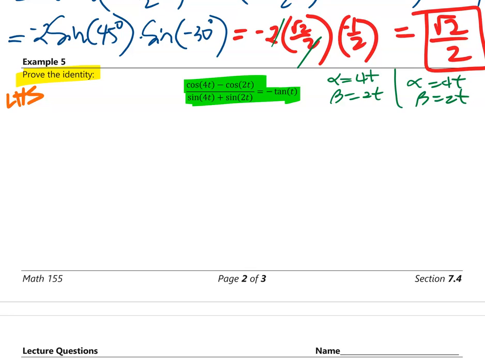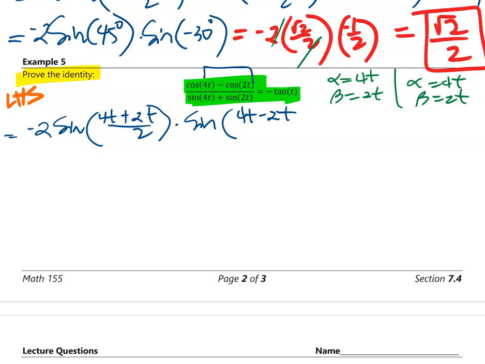So let's use the first one, cosine 4t minus cosine 2t. So remember, this is equal to negative 2 sine 4t plus 2t over 2 times sine 4t minus 2t over 2.